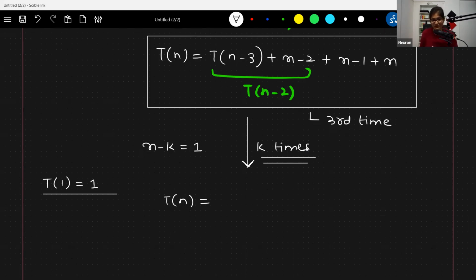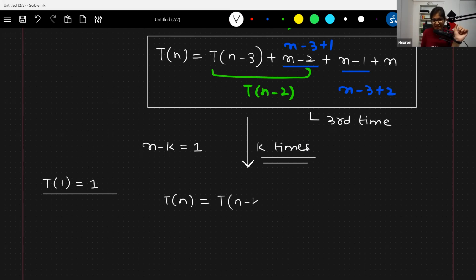Can I say it will be equal to, just observe. For the third time when you do this task, you get T of n minus 3 plus, how do you get this equation? It will be nothing but n minus 3 plus 1. Can I write like this? This equation will be n minus 3 plus 2 and so on. So just understand, see this equation now. Can I write like this?